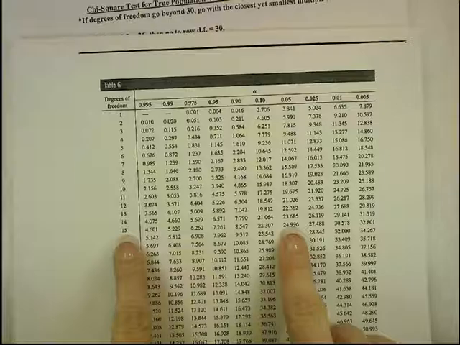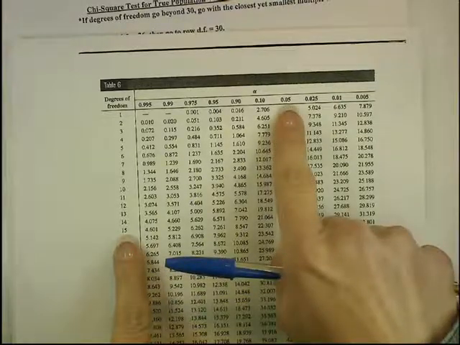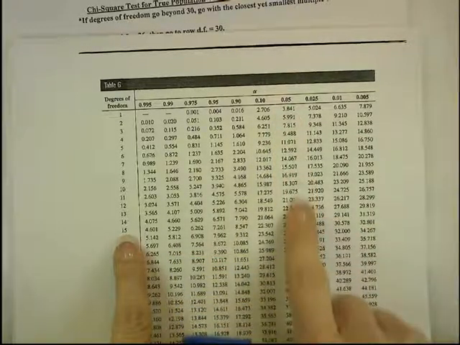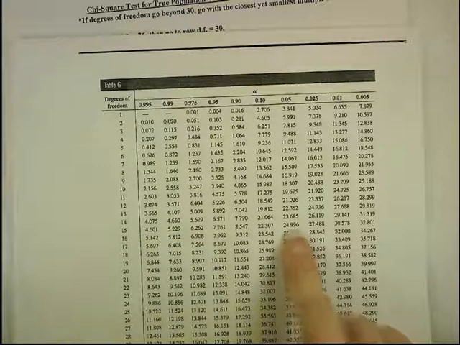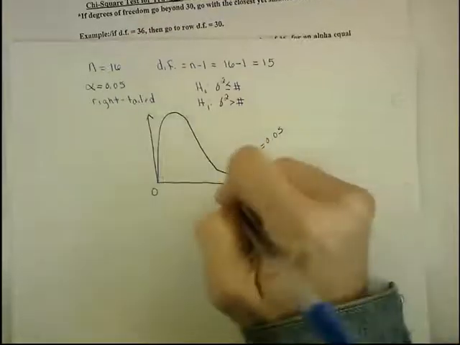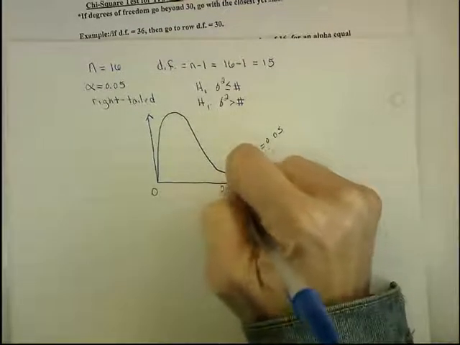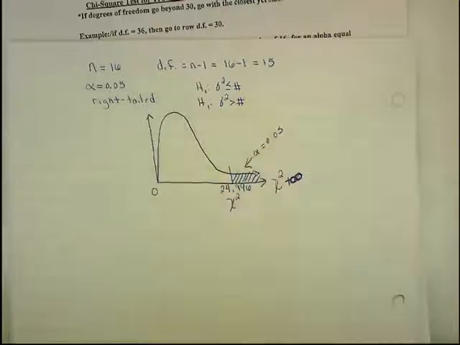And remember, this is the area above the unknown chi-square value, which is exactly alpha in the right-tailed test. Let me write that in the picture. 24.996 is your critical value.